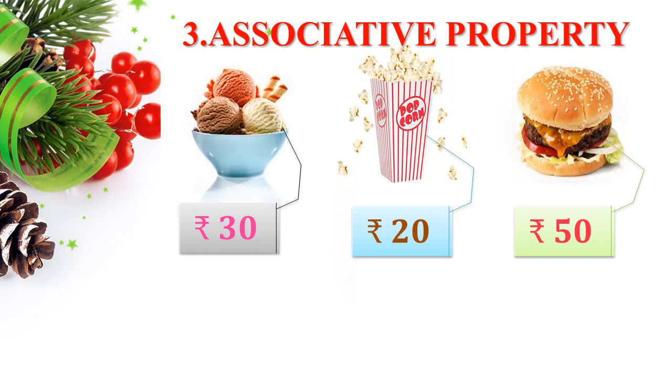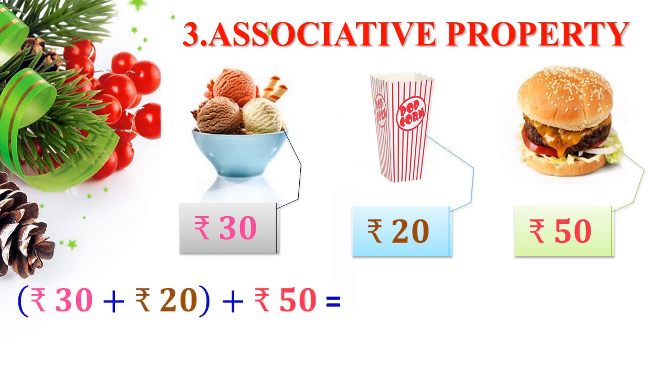Ronnie and Vani added in different ways. Ronnie first added the cost of ice cream and the cost of popcorn and then added the cost of burger. Therefore, rupees 30 plus rupees 20 equal to rupees 50.